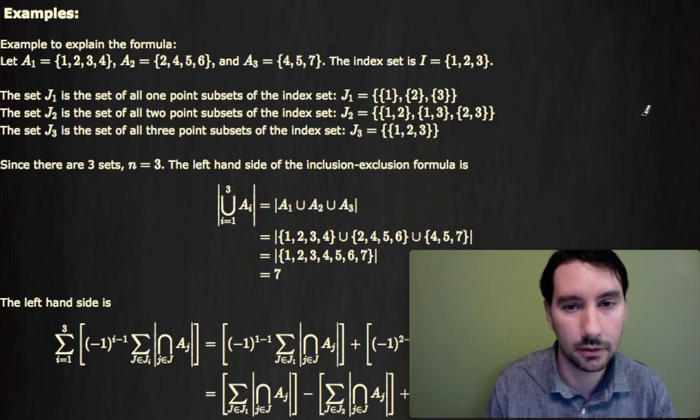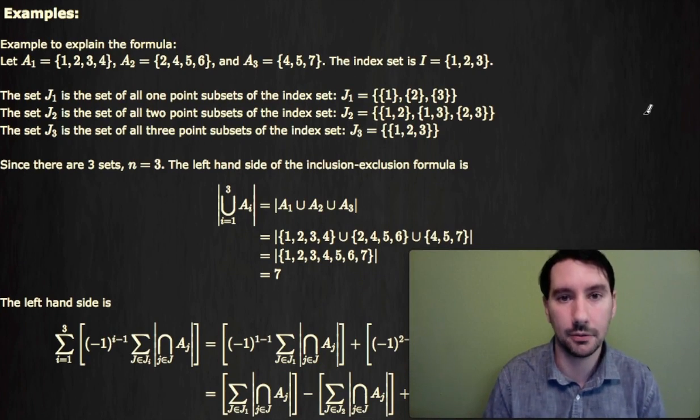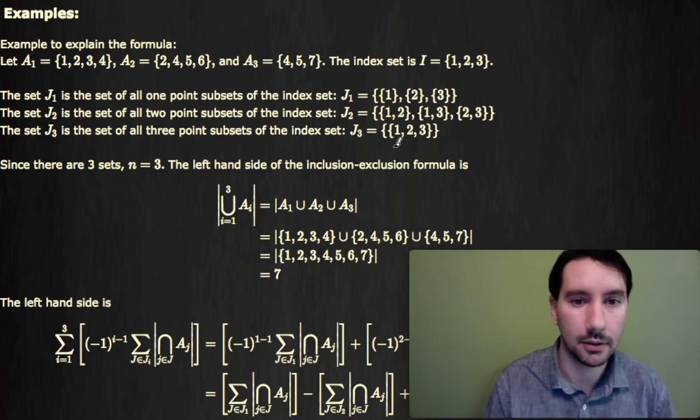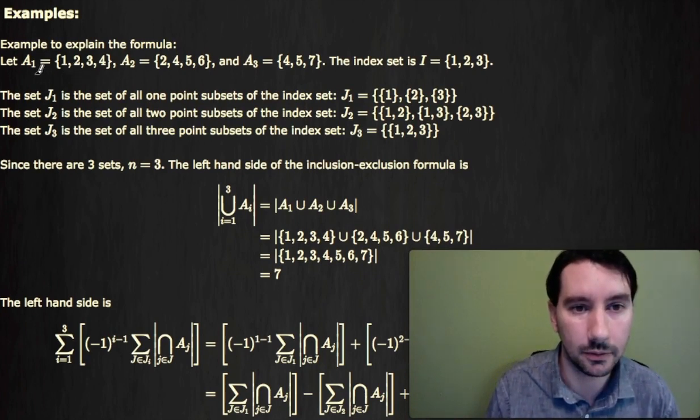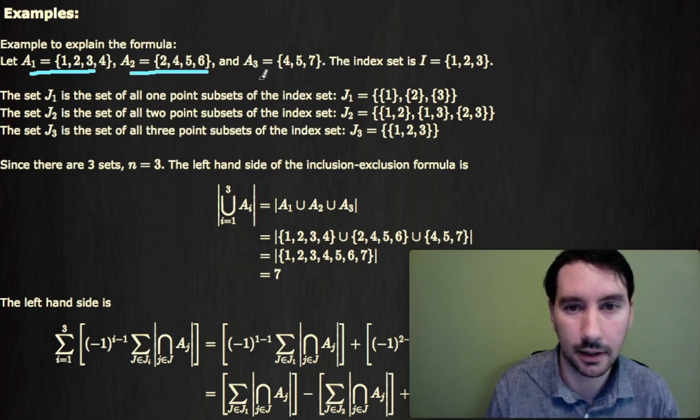So let's do one for 3 sets, but we're going to use the notation from the general inclusion-exclusion formula to explain what's going on in that. So let A1 be the set 1, 2, 3, 4, A2 is the set 2, 4, 5, 6, and A3 is the set 4, 5, 7. So our index set is 1, 2, 3 because we have 3 sets.